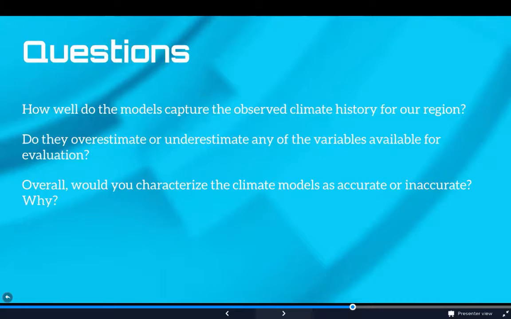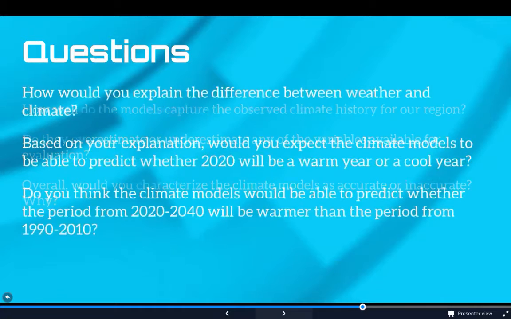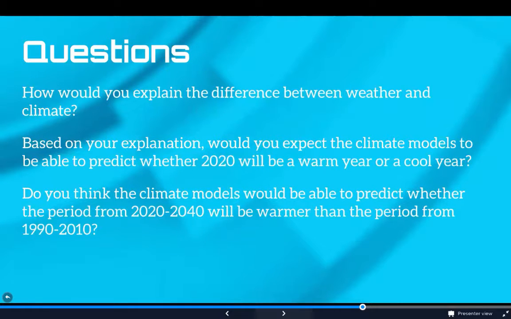You could then have students answer the following questions. How might you explain the difference between weather and climate? And then based on your explanation, would you expect the climate models to be able to predict whether 2020 would be a warm year or a cool year? And then do you think that the climate models would be able to predict whether the period from 2020 to 2040 will be warmer than the period from 1990 to 2010?